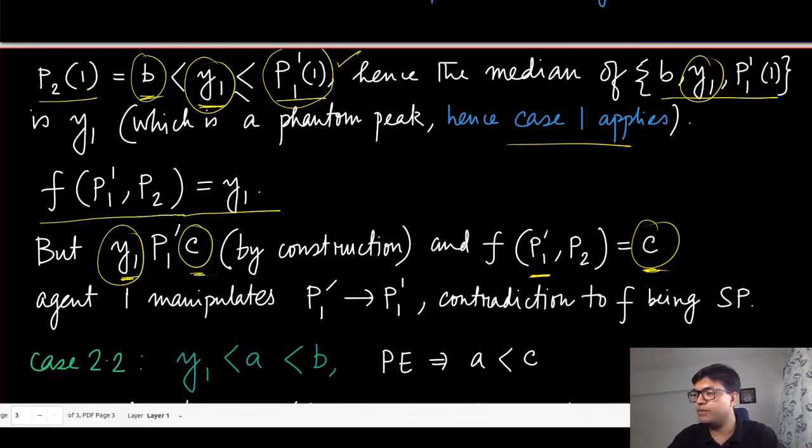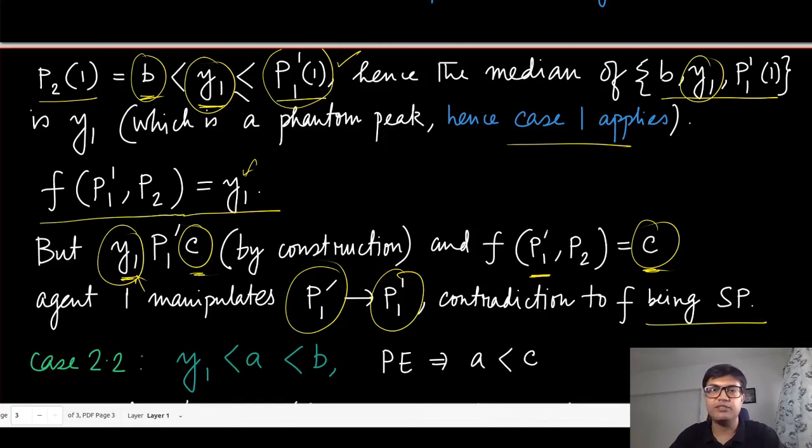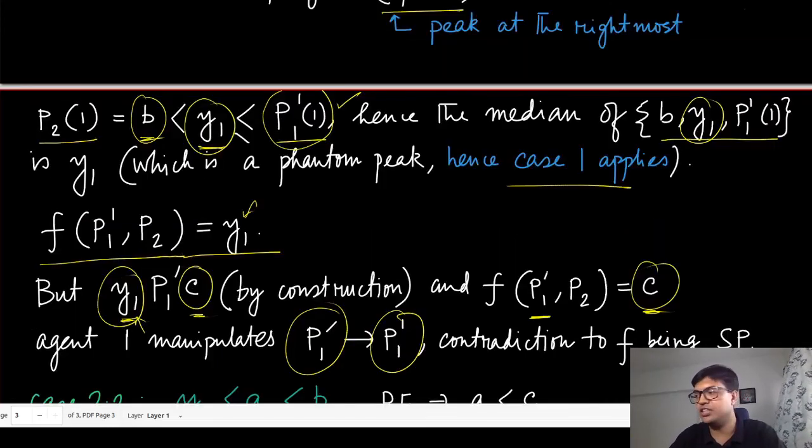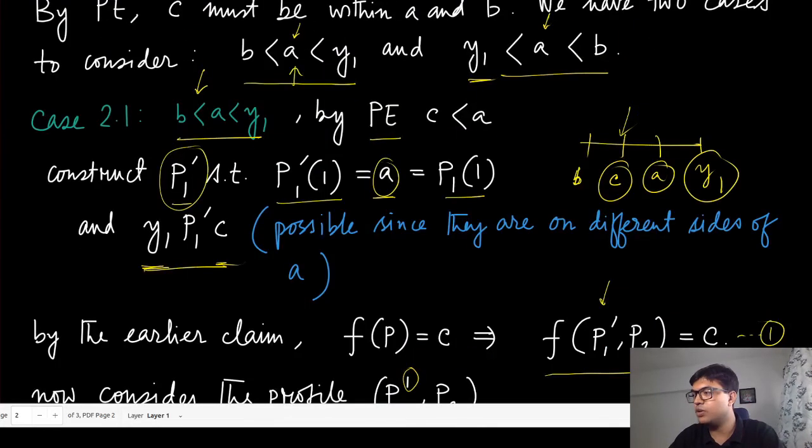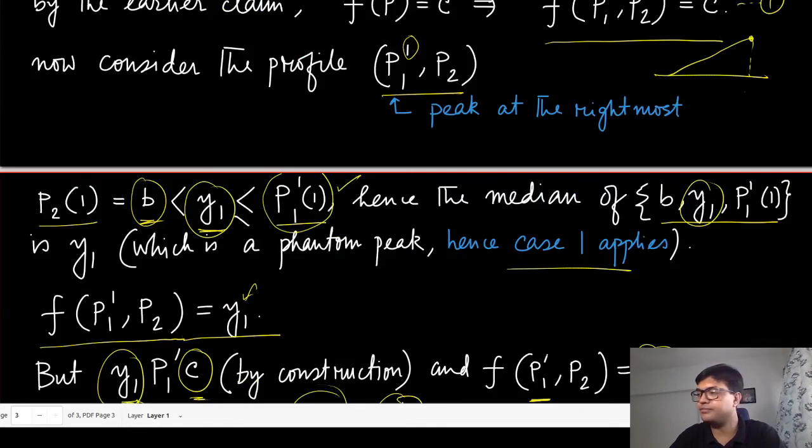If it manipulates its preference from P1 prime to P11, it gets the outcome Y1, which is more preferred than the current outcome C. So F cannot be strategy proof. This is the contradiction, and therefore what we assumed was incorrect. The outcome should be exactly equal to A, which is the agent peak.